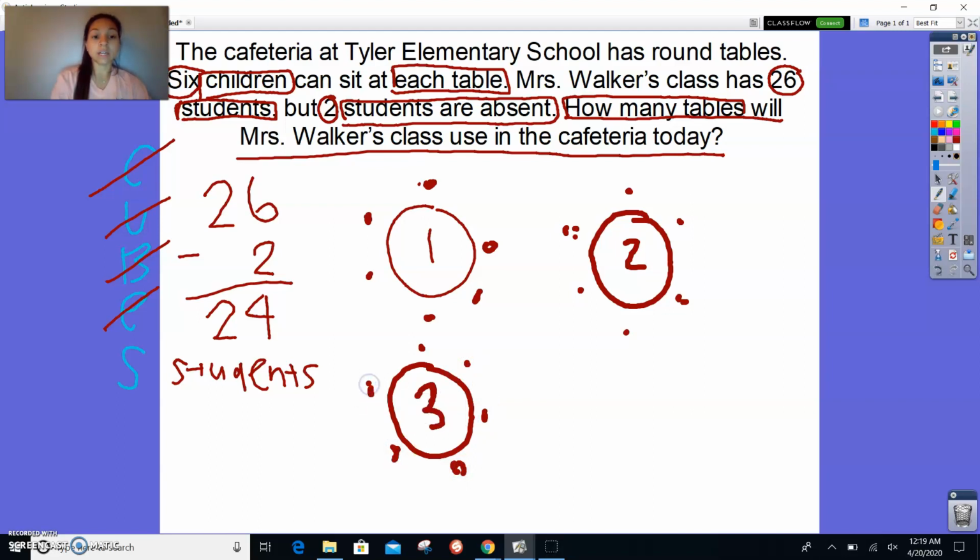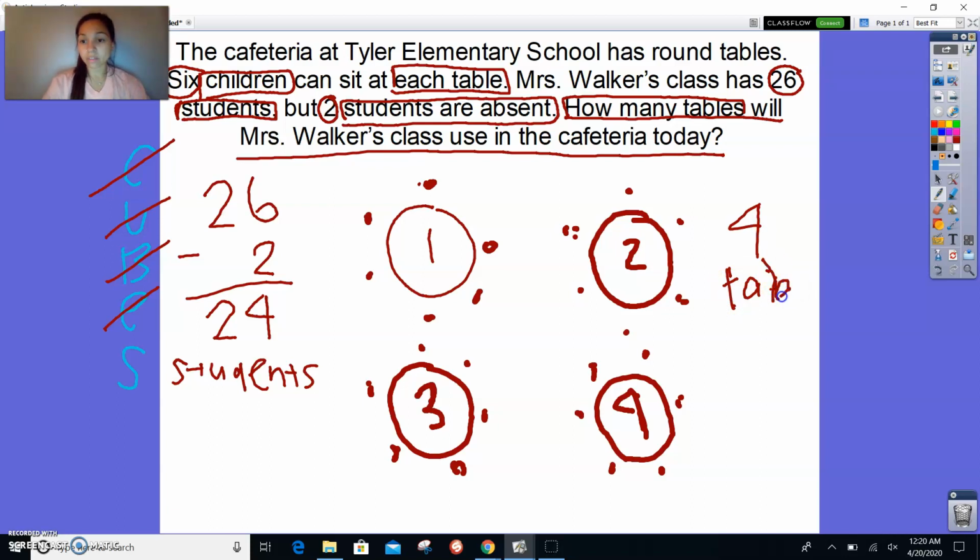I'm still not at 24, so I know I need another table. 6. 19, 20, 21, 22, 23, 24. Now I have made it to 24. I can see I have 4 tables here, so my answer is going to be 4 tables.